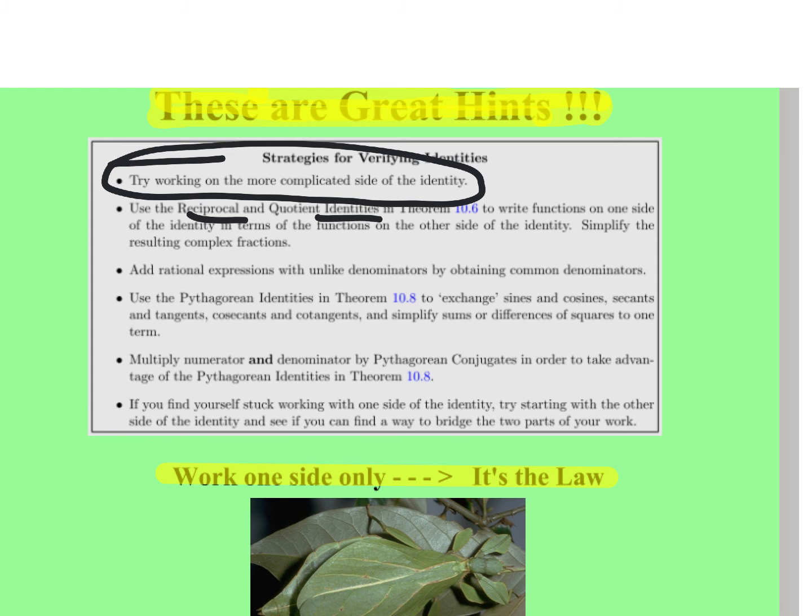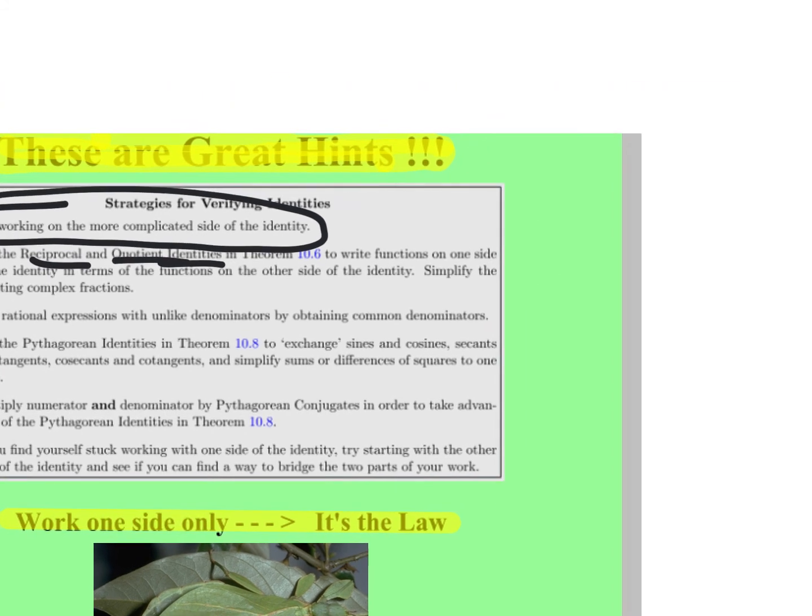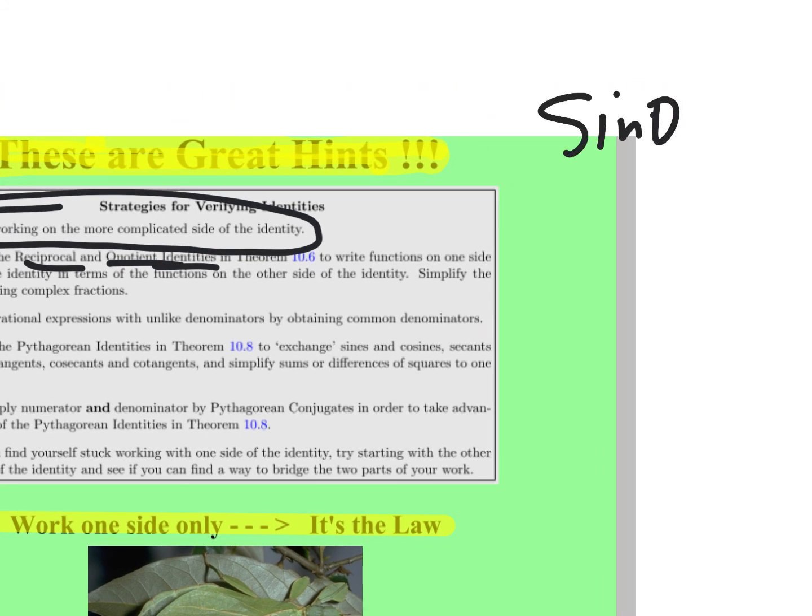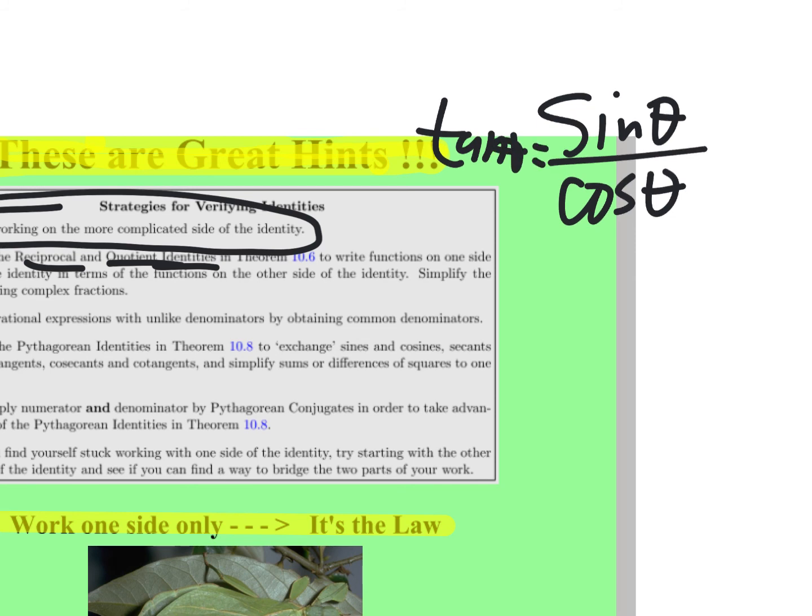And the identities. The quotient one is sine over cosine. This comes up so often, I'd say more than anything else. What is sine over cosine? Tangent. So know that one. And if you know that one, then you'll know cotangent, because you'll just be like, I recognize that one. Oh, it's flipped. Okay.